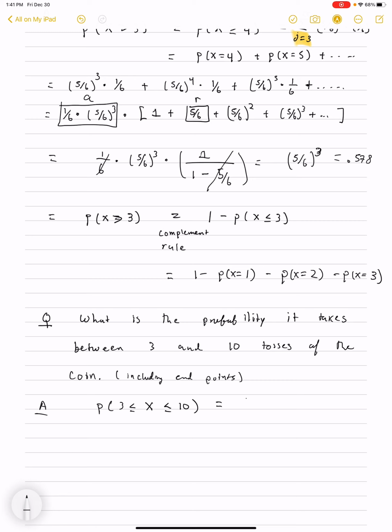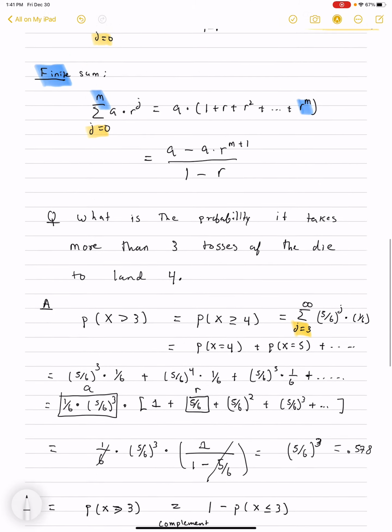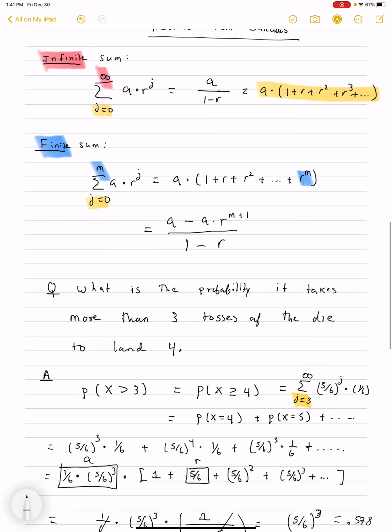And that's just this summation from j equals 3 to 10 of 5/6 to the j times 1/6. Well, you guessed it, this is a finite sum, so we need to use the finite geometric sum formula.